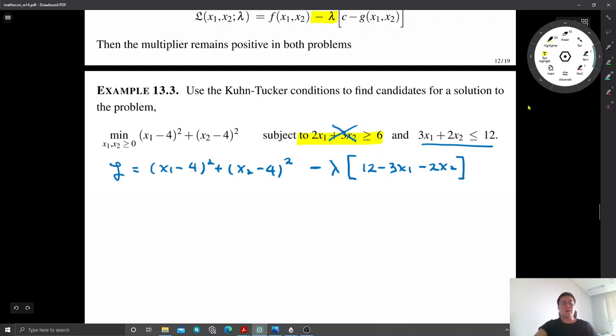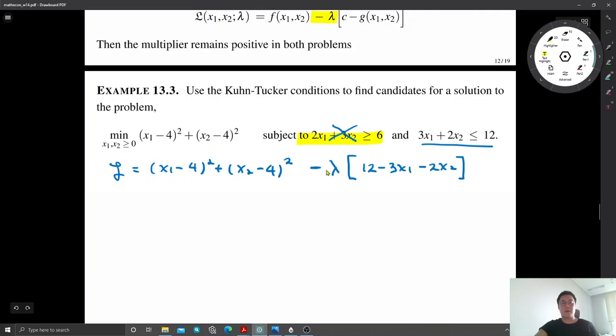So the way to write down the Lagrangian is exactly the same as before, except this minus sign. We change the constraint to the form something is larger than or equal to 0, like this one, and we use the same objective function. We don't put a minus sign here; we put the minus sign here.